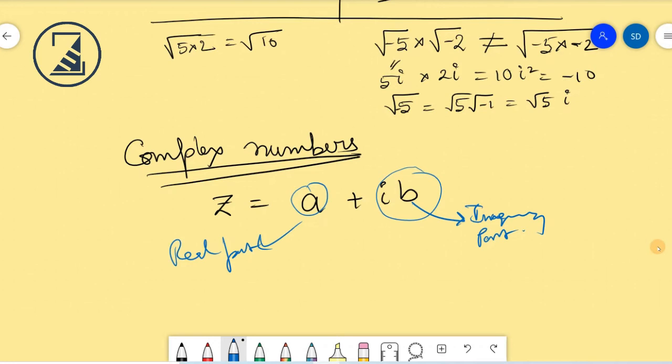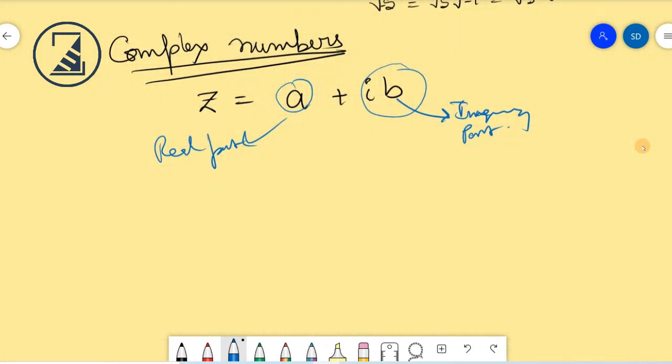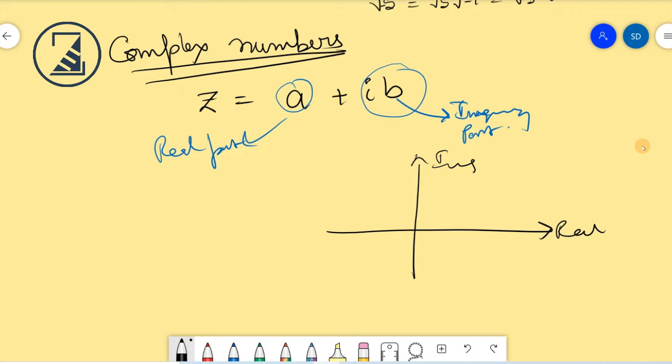Now if we draw the real axis and the imaginary axis, this real part lies on the real axis and the imaginary part lies on the imaginary axis, and the resultant of these is our complex number.